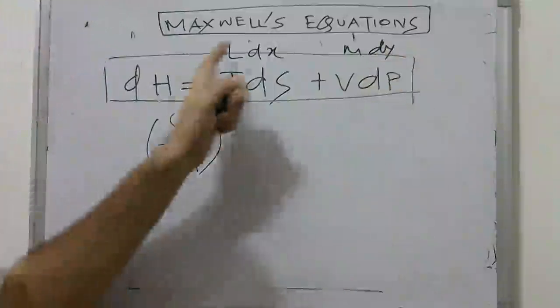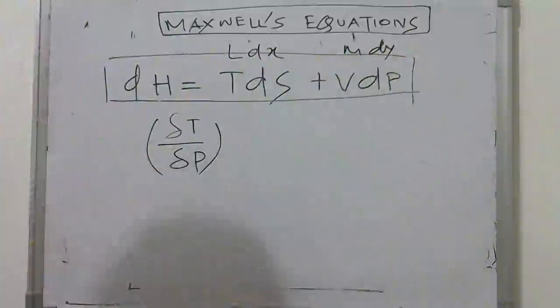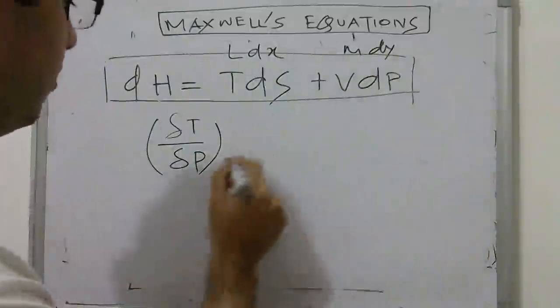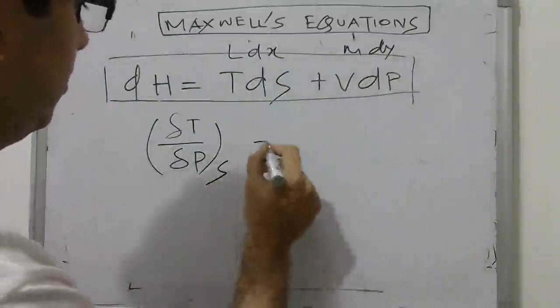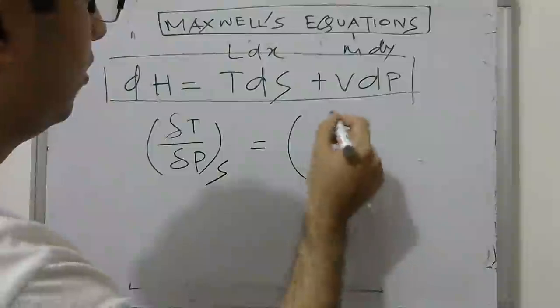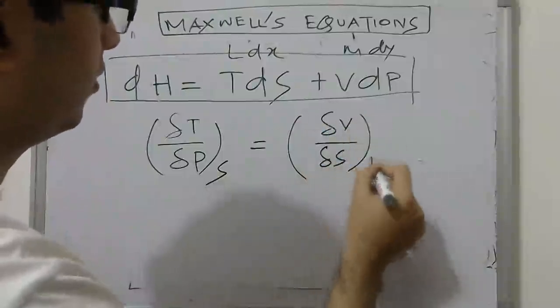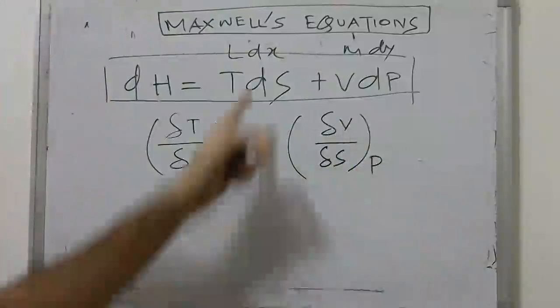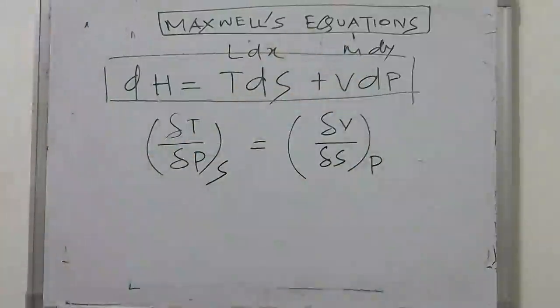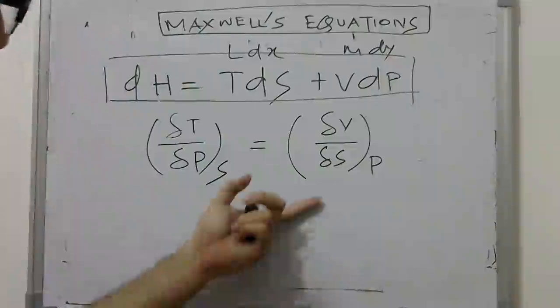So you always write del L del y at constant x. Constant x means here S is equal to del V del S at constant P, del M del X at constant Y, right? So this is your second Maxwell equation.